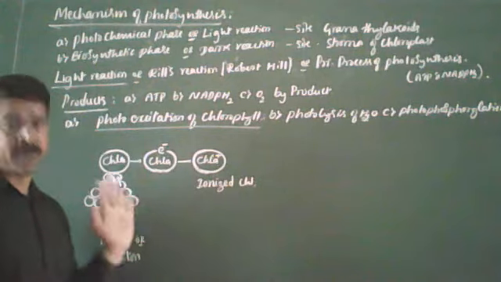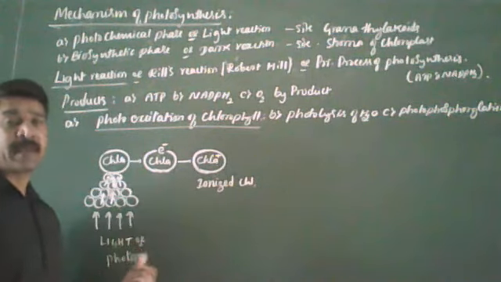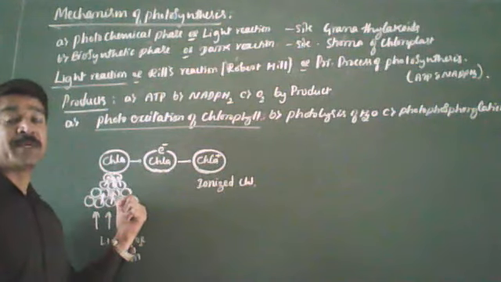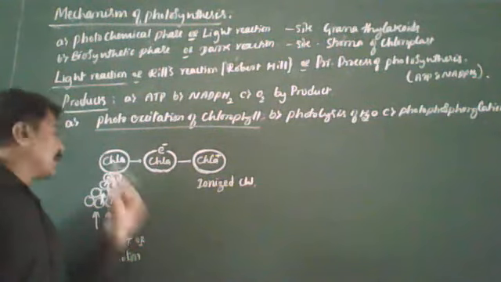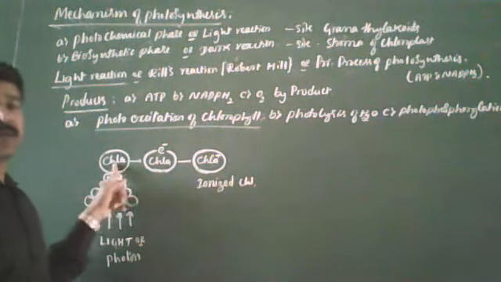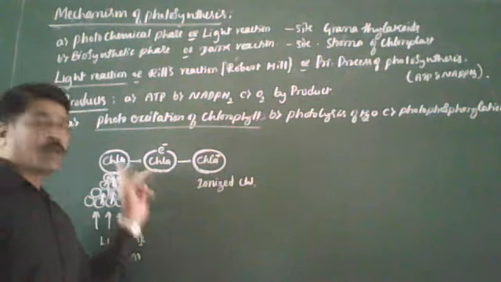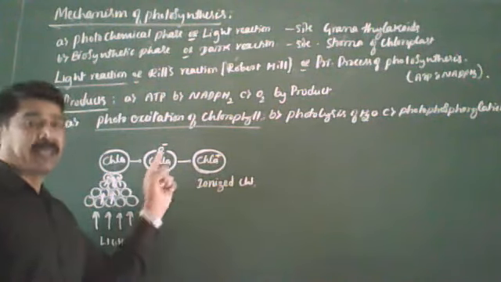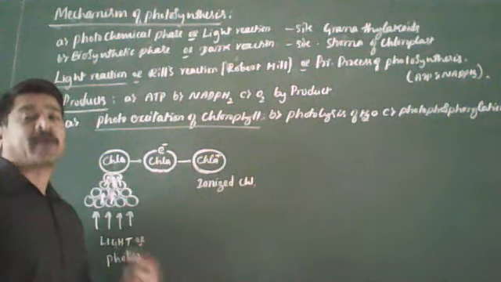Listen carefully. When green leaves are exposed to sunlight, the accessory photosynthetic pigments of PS1 and PS2 absorb light or photon, and transfer it to the reaction center containing chlorophyll A 680 or 700. The chlorophyll A molecule absorbs light energy and becomes excited. In this state, it expels an electron.